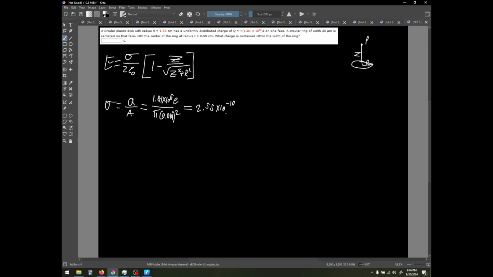Charge contained within the width? This has nothing to do with a dot somewhere. I'm cheated. All these ones.